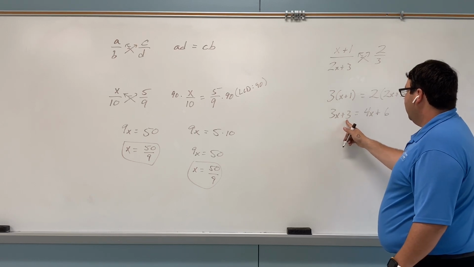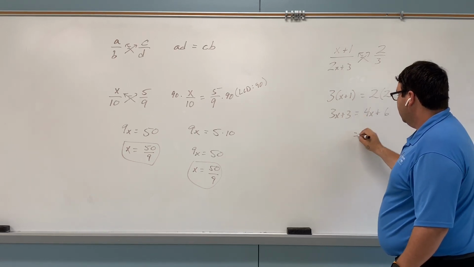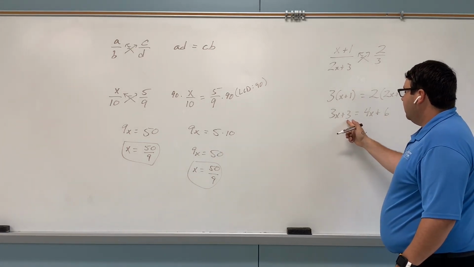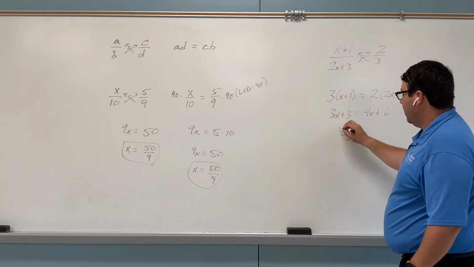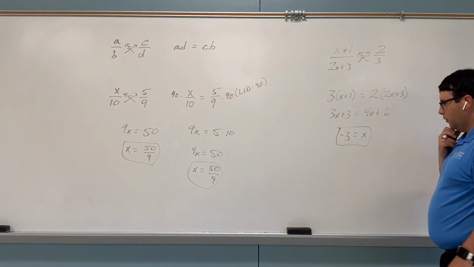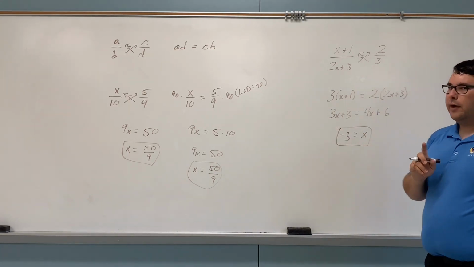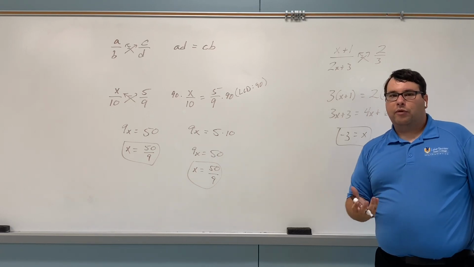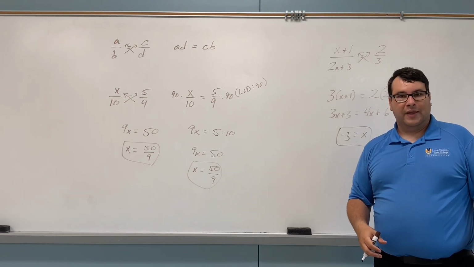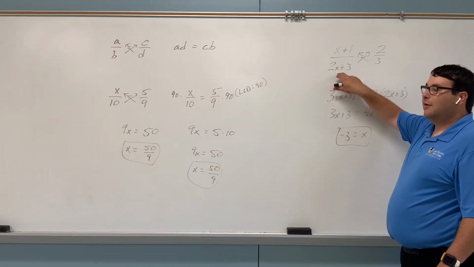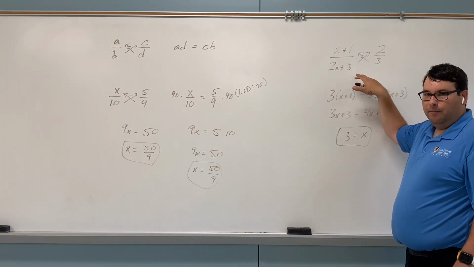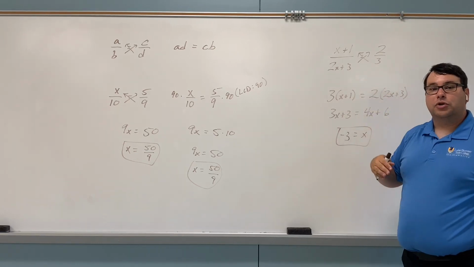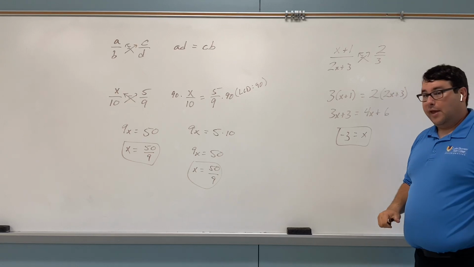Now, I am going to move my 3x over so that x remains positive, just a preference. I'm also going to move my 6 over, and that is a -3. So x equals -3. Now, there is one other little thing that we talked about before. Whenever you're working with equations with rational expressions, if you have a variable in that denominator anywhere within the problem, you need to check your domain because you have to see if your solution is inside of your domain set.